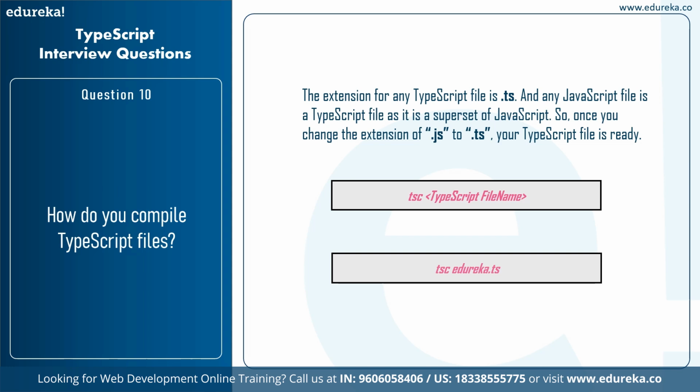Now in order to compile any .ts file into .js, we need to use certain commands. So the first command that you can use is tsc and then the TypeScript file name, that is, you add your file name here. Now suppose you want to compile edureka.ts, so you will run the command as tsc edureka.ts.